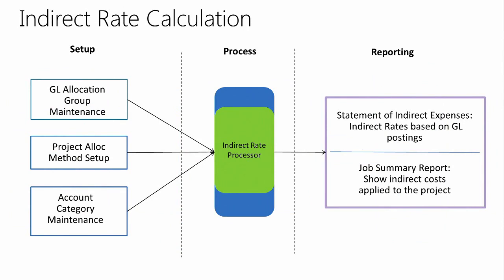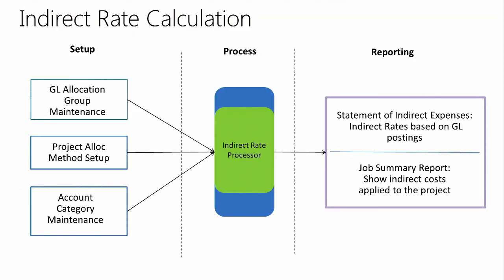We have our GL allocation groups, our project allocation methods, and the account categories, which also determine what accounts are included. When we run the report, the indirect rate calculator generates a statement of indirect expenses, and we also get reporting information on the job summary report.